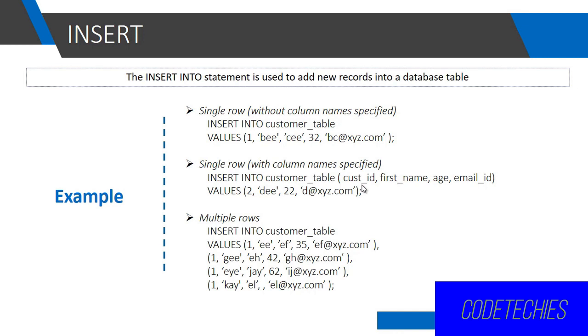To avoid this error, we need to mention the column names after the table name. So in this example, you can see the customer D does not have any last name. So we mention the customer ID, first name, age, and email ID as the columns in which value is to be filled, and then we give the values. So now let's toggle back to PGAdmin and run this query also.